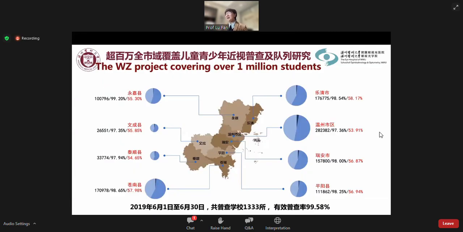The outcomes of this project tell a lot. For example, I just give you a map of Wenzhou city. The city of Wenzhou consists of 8 towns or districts. Some are urban communities, some are remote countryside. Wherever rural or urban, the prevalence of myopia was up to 50%.